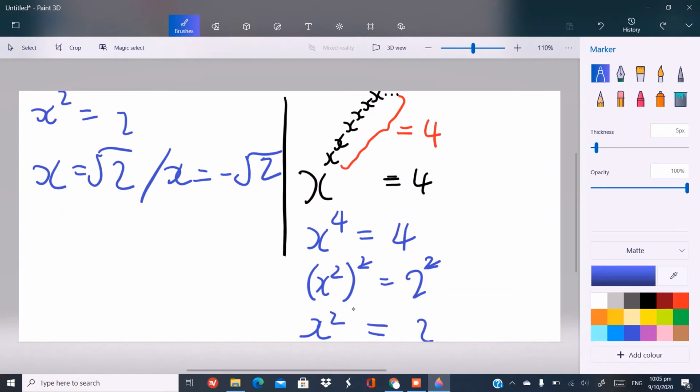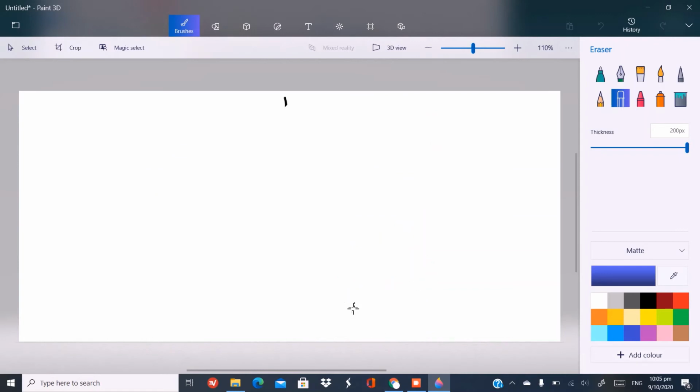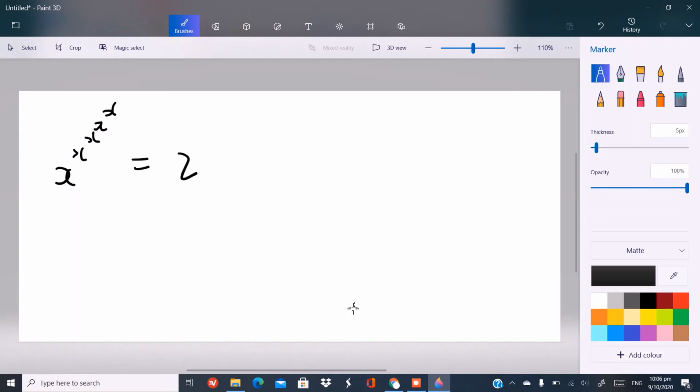Now, the second way I want to look at this problem is by also considering the third and fourth power. Now you can see if this equals 2, this also equals 2, correct?